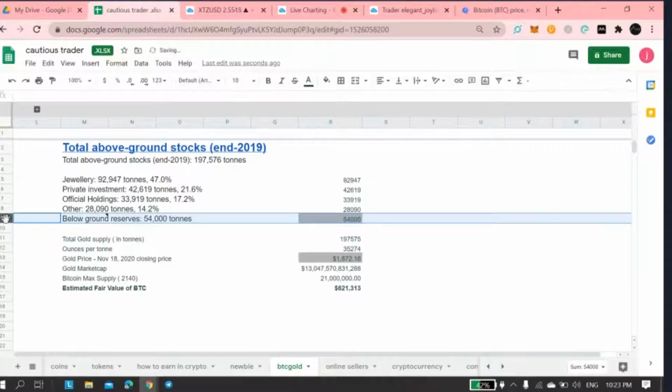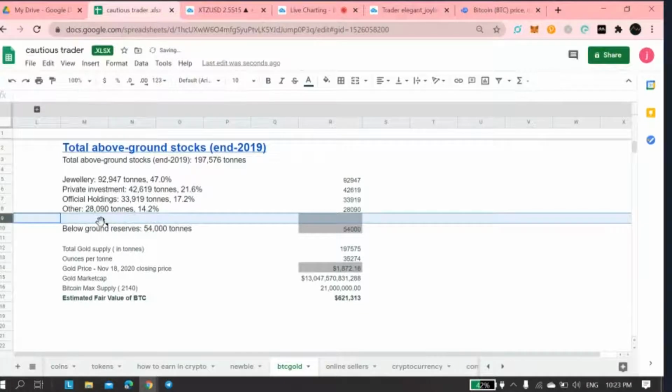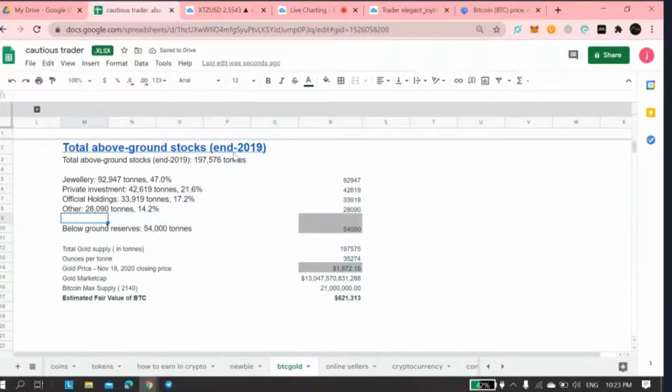Let me just add or insert something here because this is as of end of 2019. Since it's already November, we'll just add an estimate for this year. So 2020 added supply. They're estimating approximately 3,000 tons added per year.